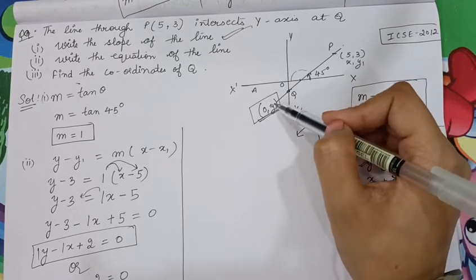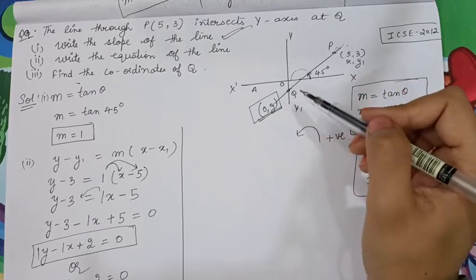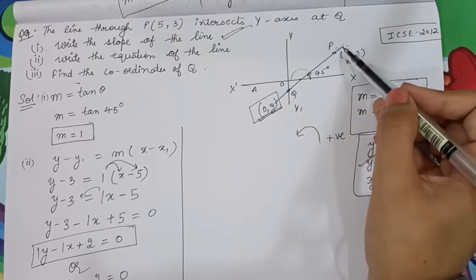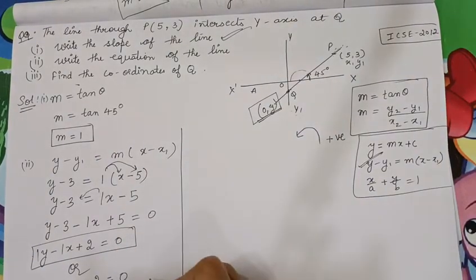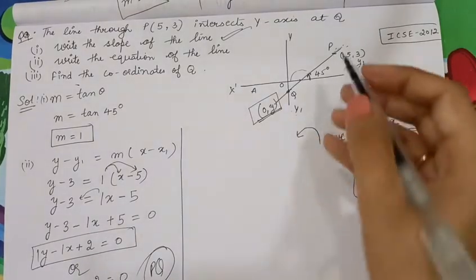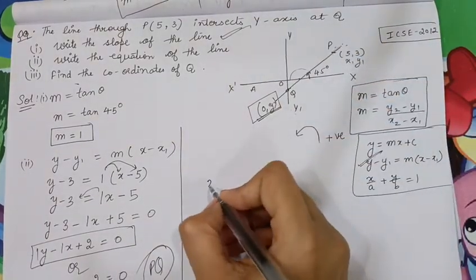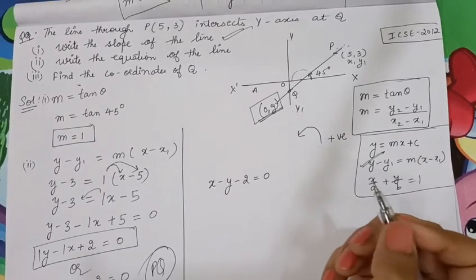Also you can see point Q is lying on this line whose equation we have just found. We can name this line PQ. The equation of line PQ we have found was x minus y minus 2 equals 0.